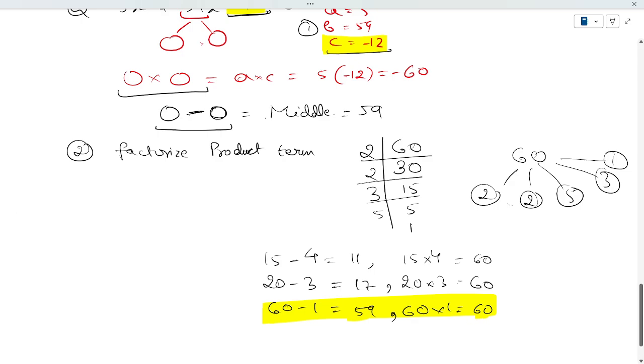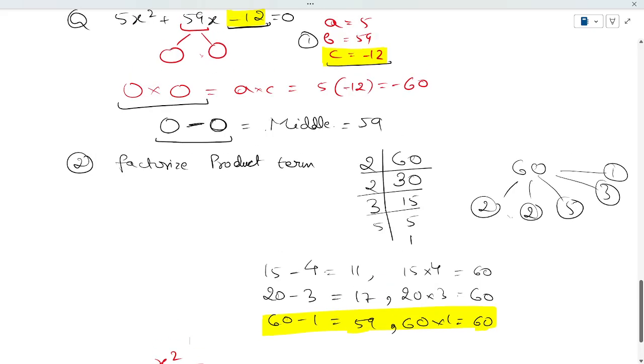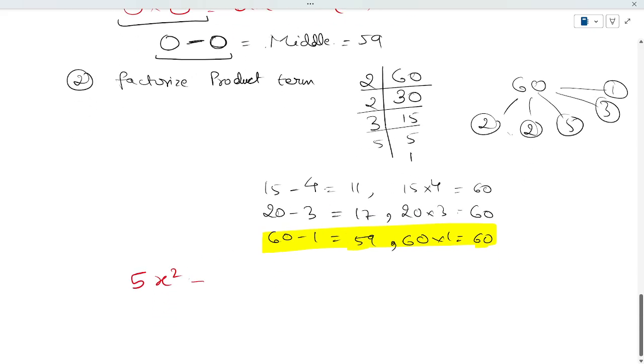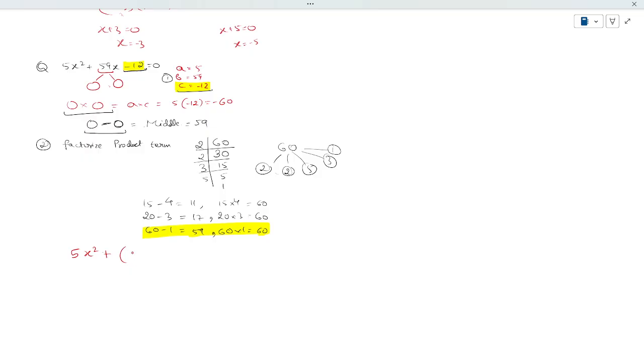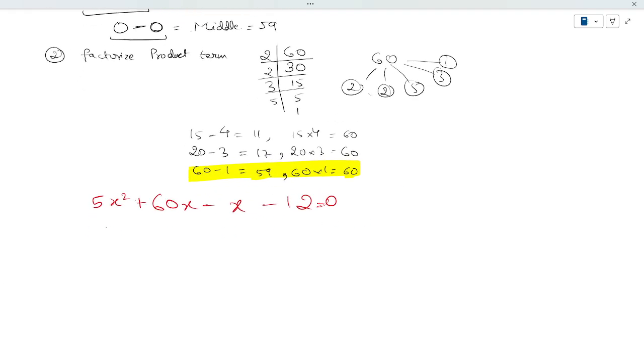So from here, if you split the middle term using those numbers, we can write it as 5x square plus 60x minus x minus 12 equals 0. Taking 5x common here, we get x plus 12, and taking 1 common here, we get minus x minus 12 equals 0.